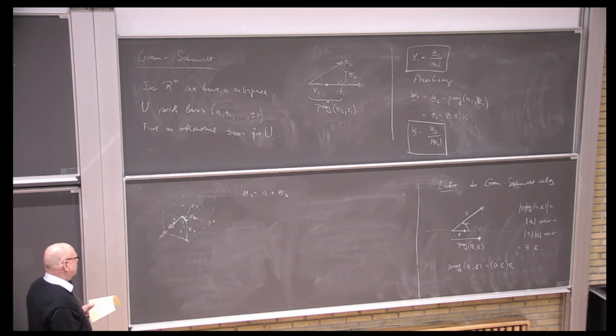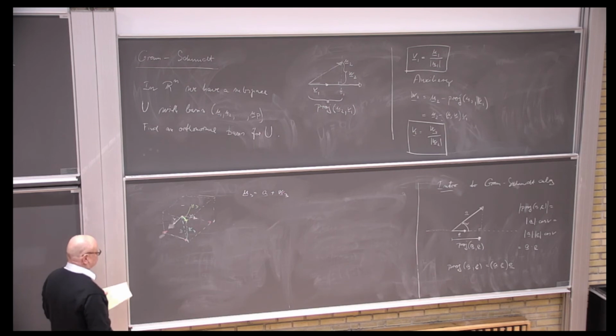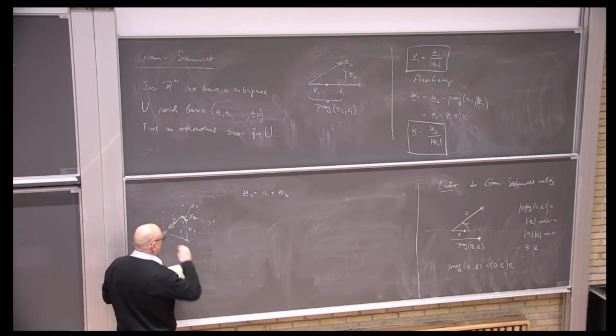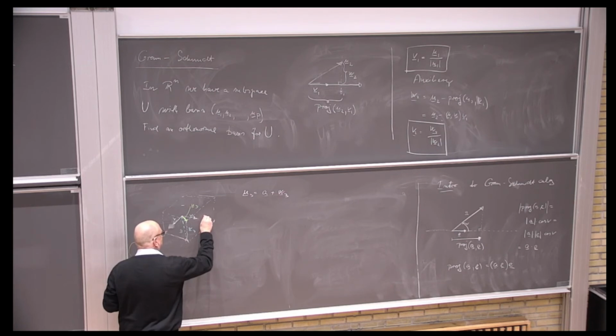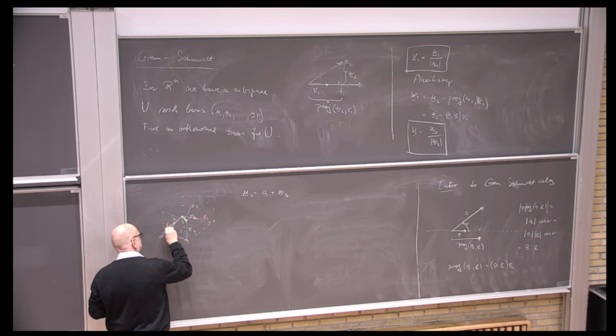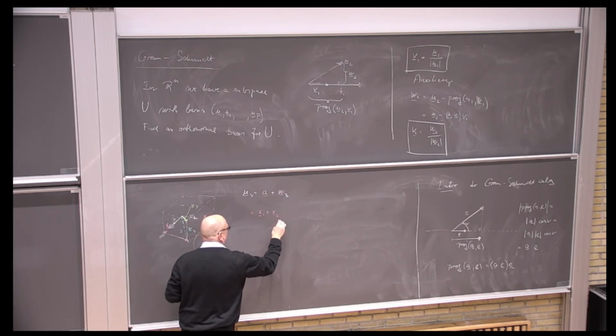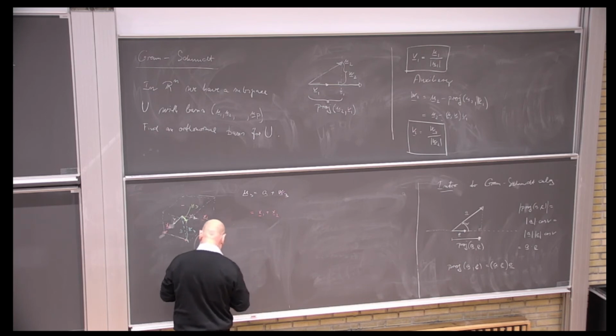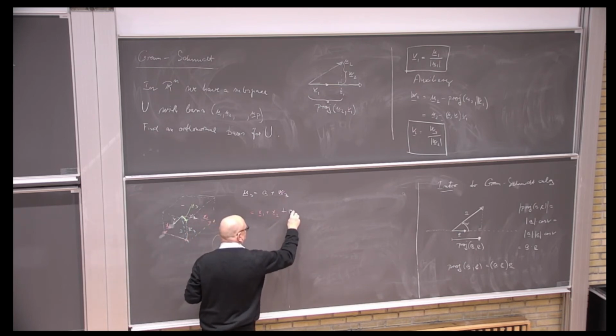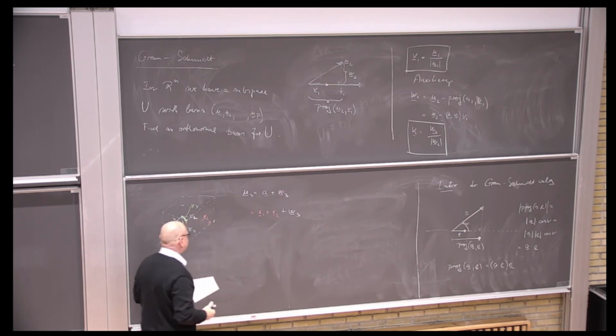Maybe I should call these x2 and x1, then I can write this as x1 plus x2 and then plus W3.